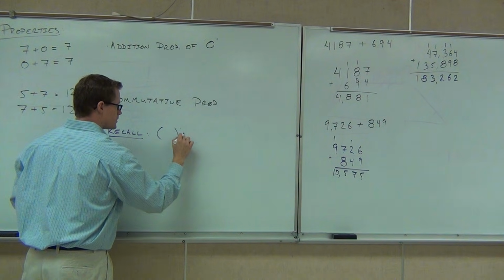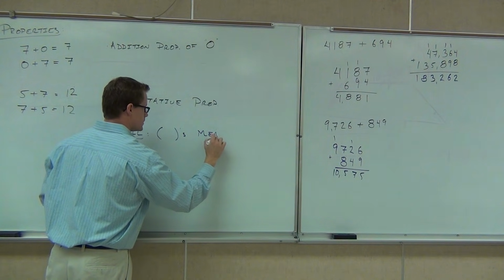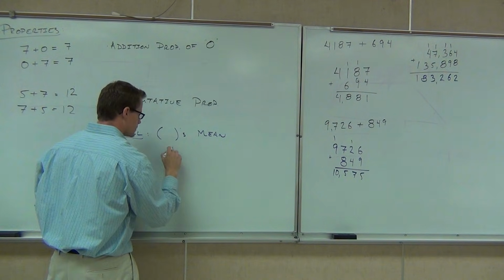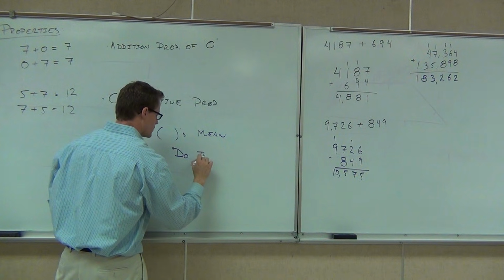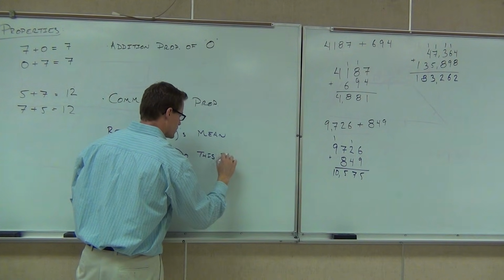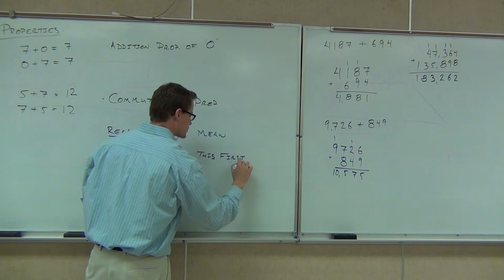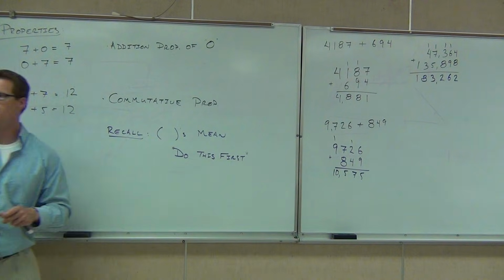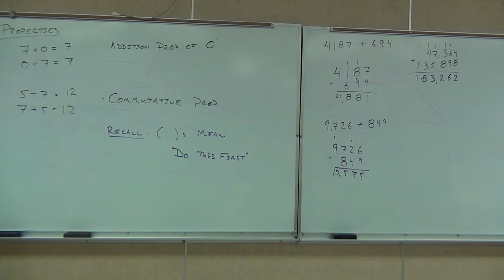Parentheses mean do this first. We will get much more into order of operations later, but the first one is parentheses. So here's the question that I posed to you in words just a second ago.